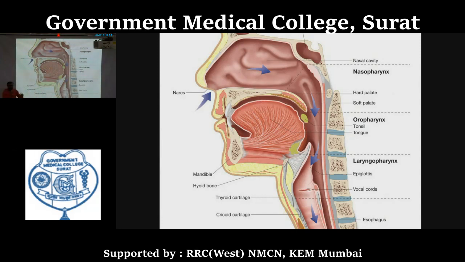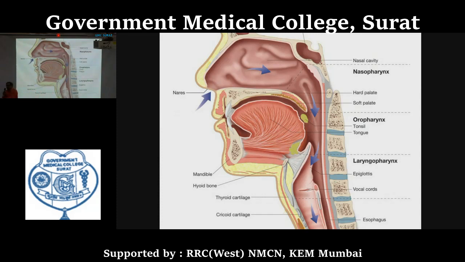Here the further propulsion of the food gets stopped because of the contraction of this cricopharyngeal or the sphinctering part of the inferior constrictor muscle. So that ends the second stage.